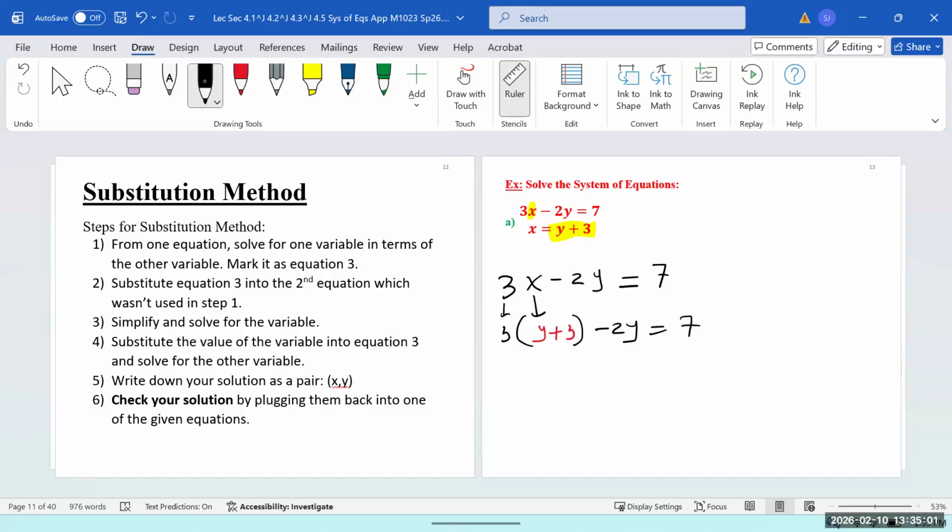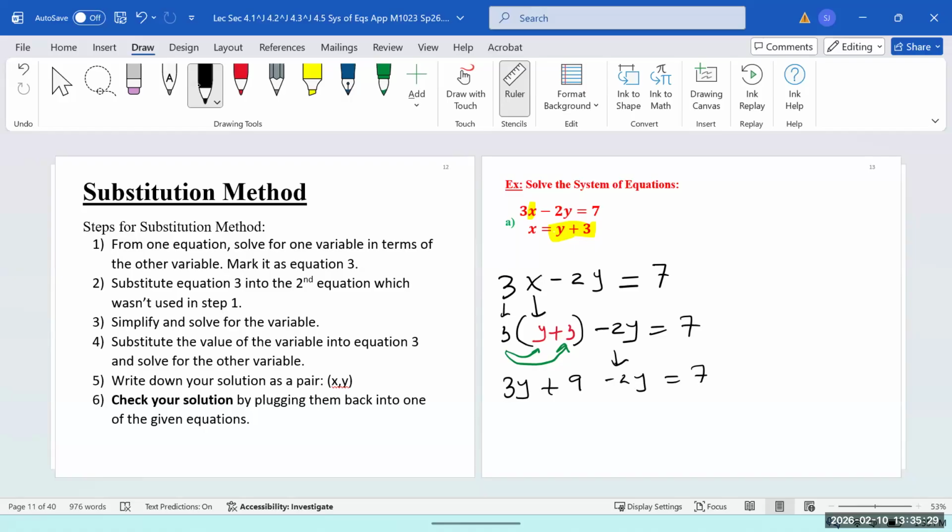Now you have a subtraction and a multiplication. What comes first? The multiplication or the subtraction? Multiplication. So you're going to distribute your 3 in the y plus 3. 3y plus 9. And we have the rest of the things, negative 2y equals 7.